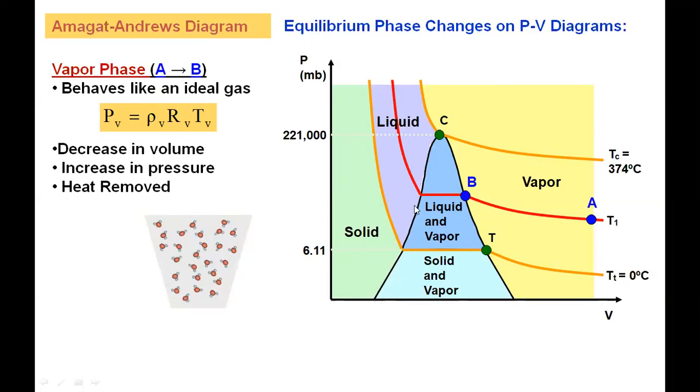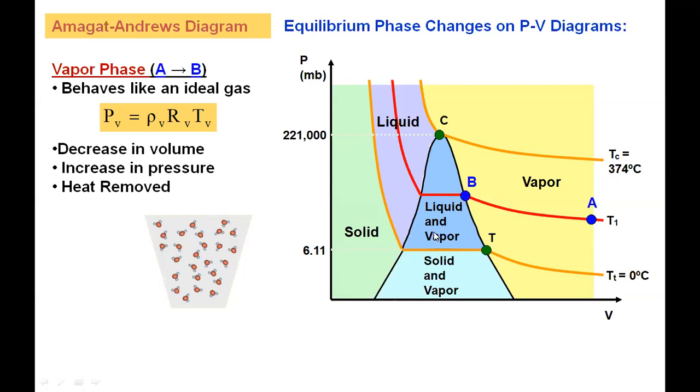Another diagram called the Amagat-Andrews diagram. This is the equilibrium phase change in P, the pressure, and the volume. So if we look at this figure, the vapor phase, here is the vapor, here is the liquid, and this is the solid, and here is solid and vapor in this region, and liquid and vapor in this region.